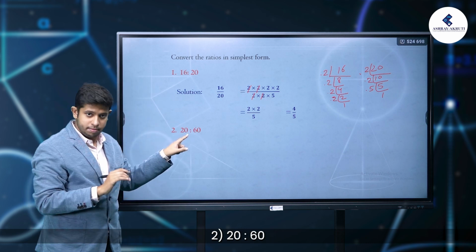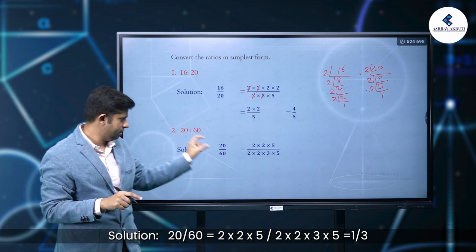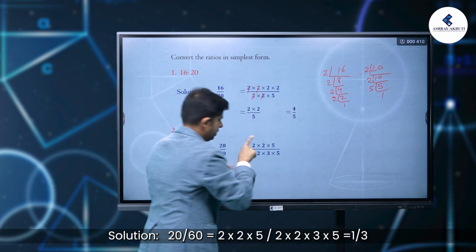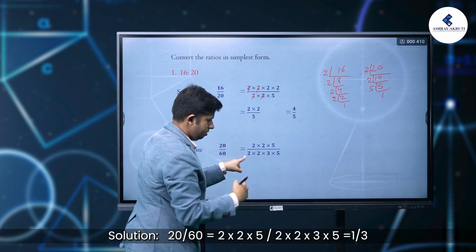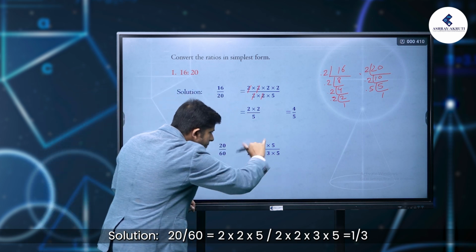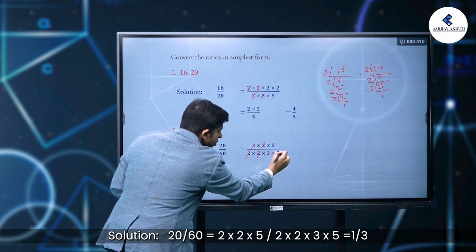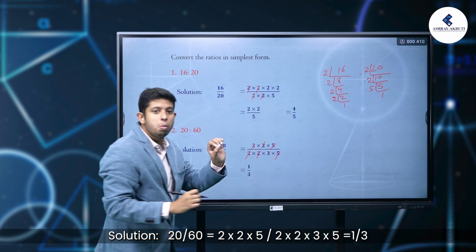Second one, 20:60. Solution. 20 by 60 equals 2 into 2 into 5 by 2 into 2 into 3 into 5, which is equal to 1 by 3.